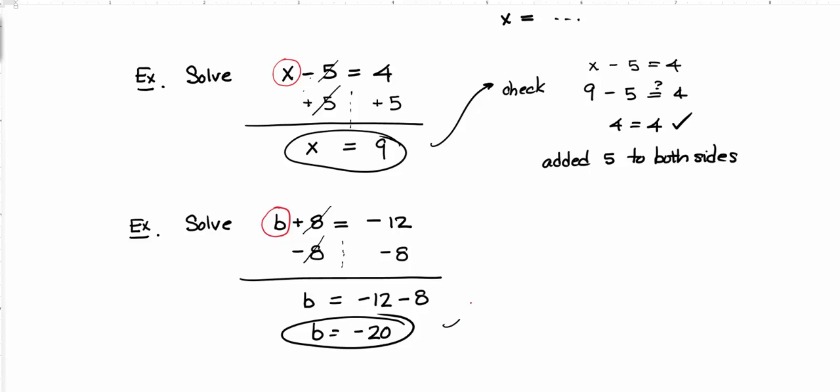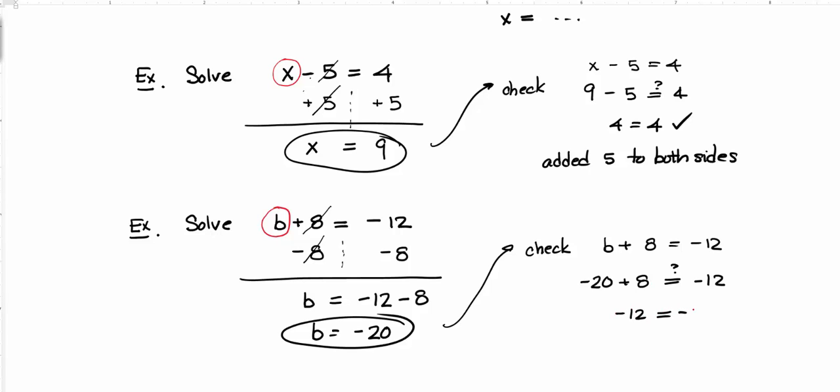Again, I can check. I have b plus 8 equals negative 12. So I'm going to stick negative 20 in there, and I'm going to ask myself, does that equal negative 12? Well, sure enough, it does. Negative 20 plus 8 is like negative $20 in the bank, and you add 8 to it, you're still in the hole.